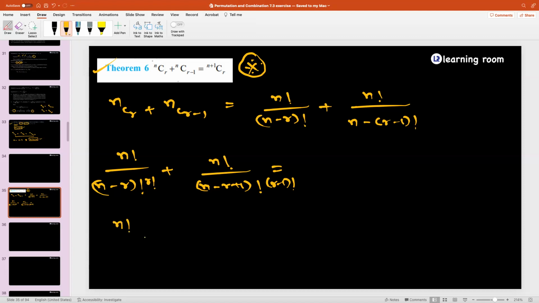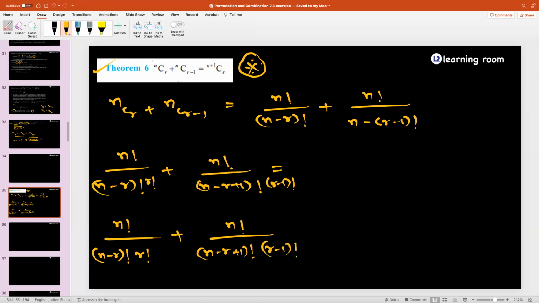So it is n factorial divided by (n minus r) factorial into r factorial plus n factorial divided by (n minus r plus 1) factorial into (r minus 1) factorial.